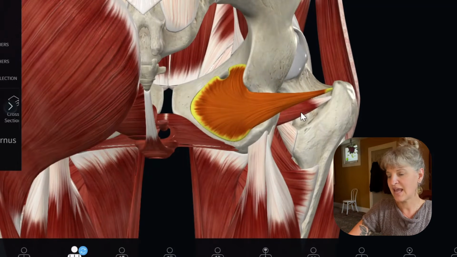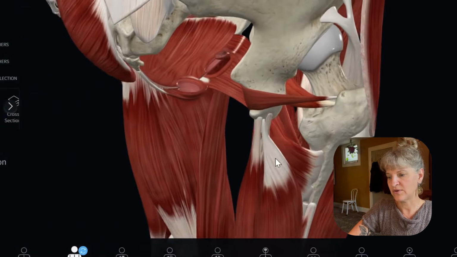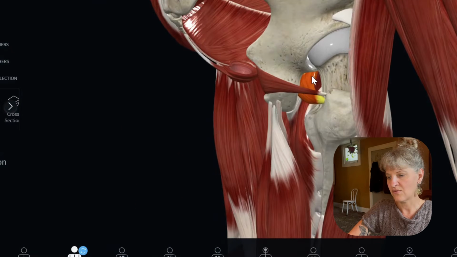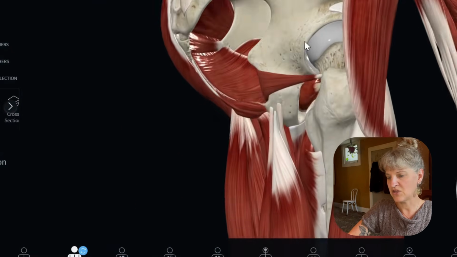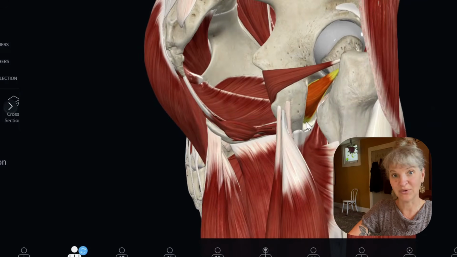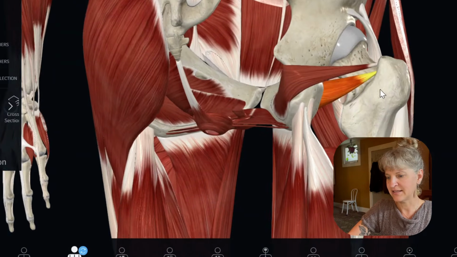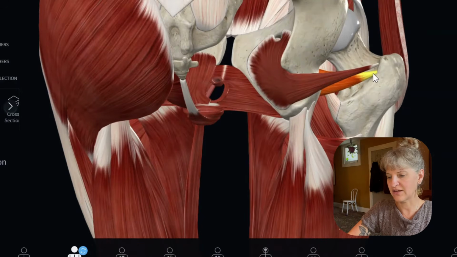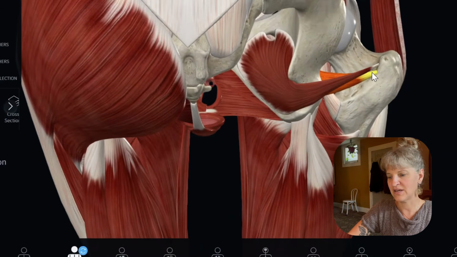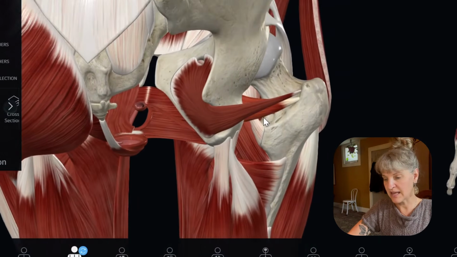And then the external obturator is going to attach to the ramus of the pubis and ischium, rami in plural, and the obturator membrane as well. And then it stretches over and it attaches to the trochanteric fossa of the femur, basically right next to the trochanter. And they both work the same. They laterally rotate the hip.